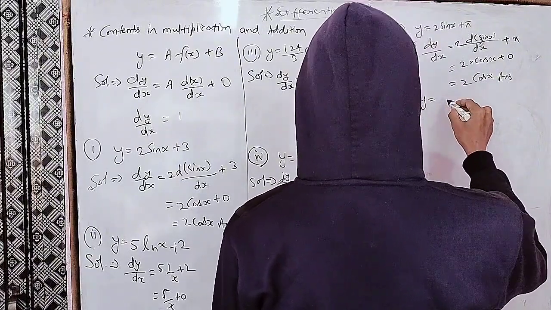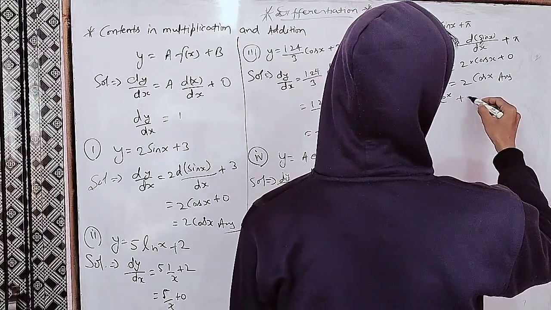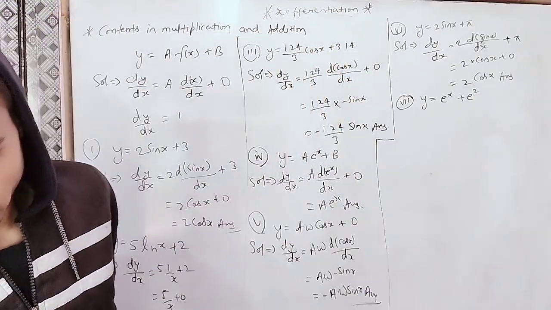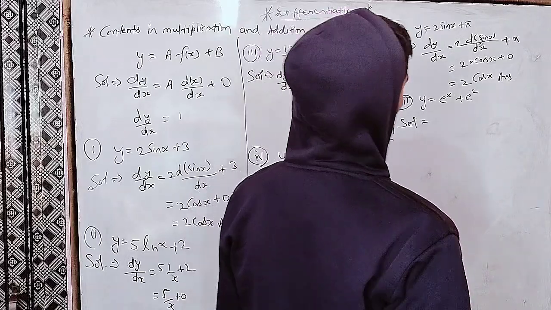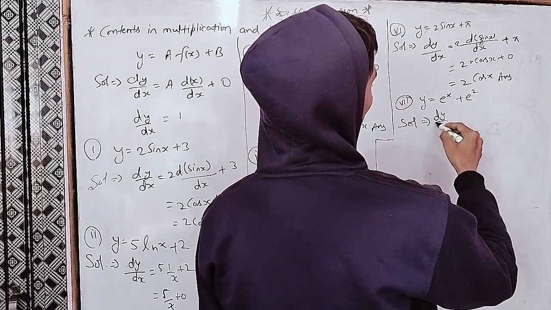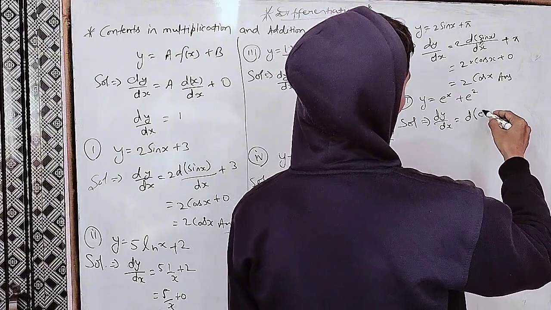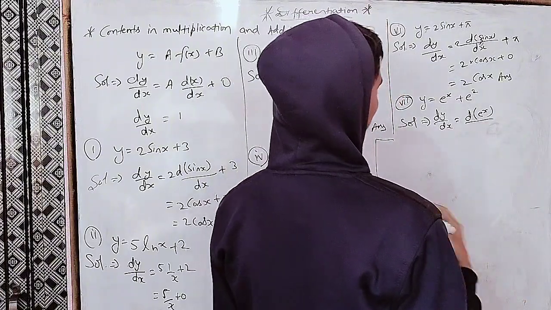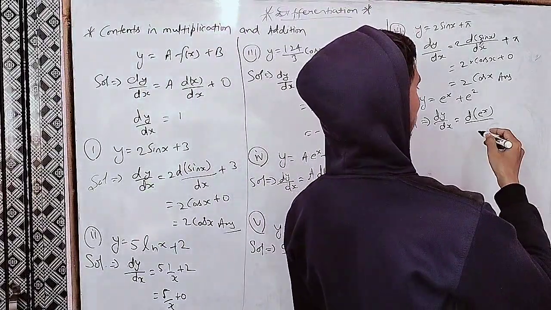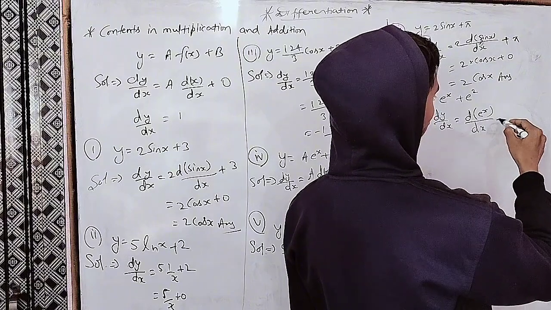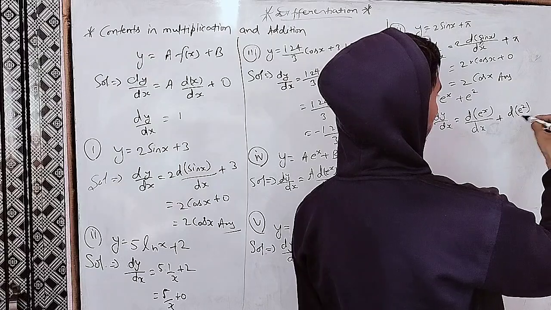Now we have y is equal to e raised to the power x plus a raised to the power 2. This is different. dy by dx, then first of all we will do differentiation of e raised to the power x, then a raised to the power 2.